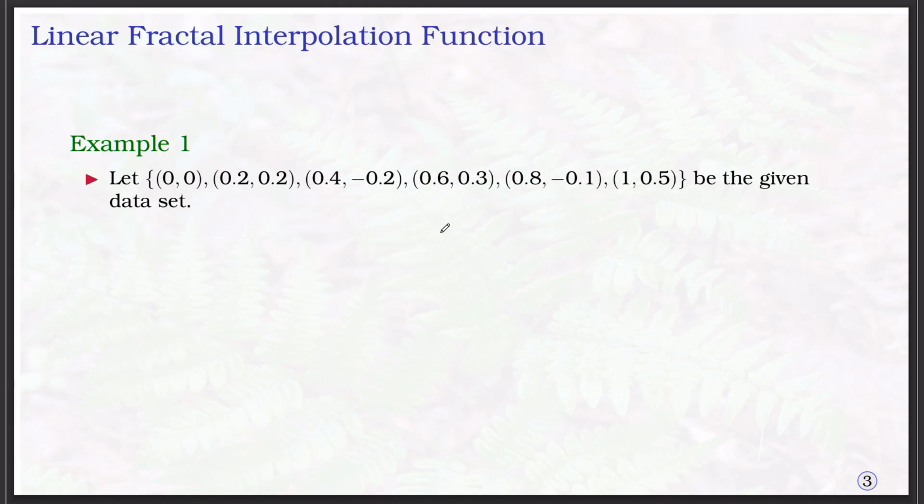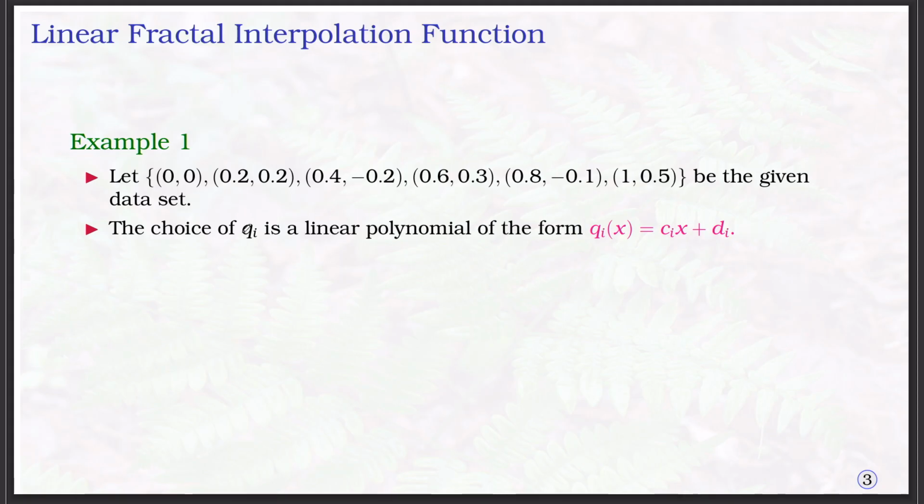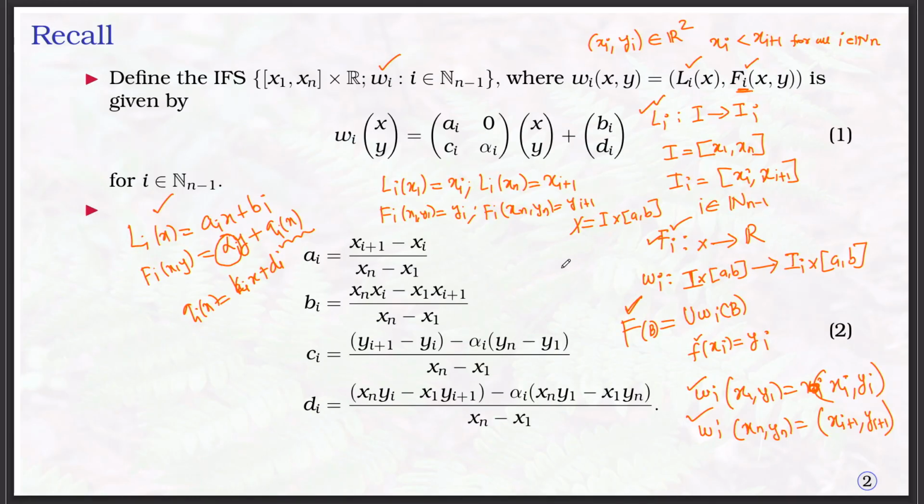Fine. Let us consider the data points given here. There are 6 data points. The choice of qi is a linear polynomial of the form qi(x) = ci x + di. Here we are taking the linear case we discussed in the previous lecture.